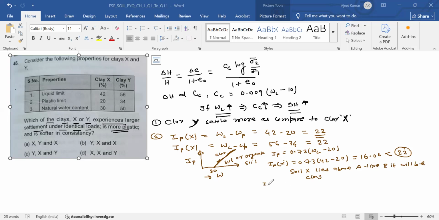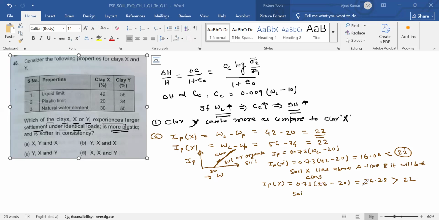Similarly, for Y, IP is equal to 0.73 times (56 minus 20). 56 minus 20 multiplied by 0.73 is 26.28, and this value is greater than 22.